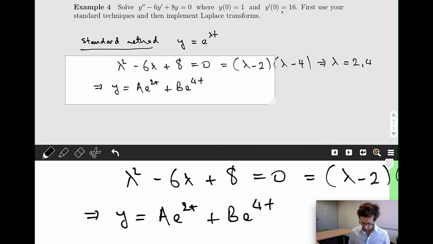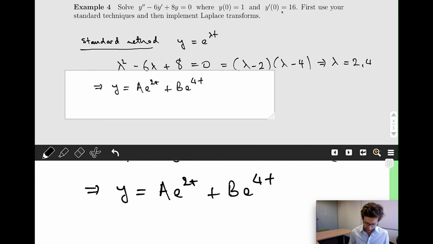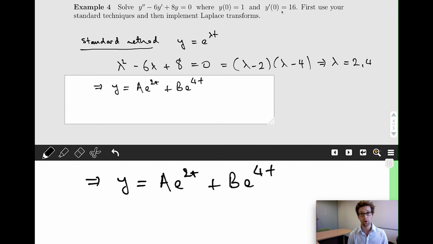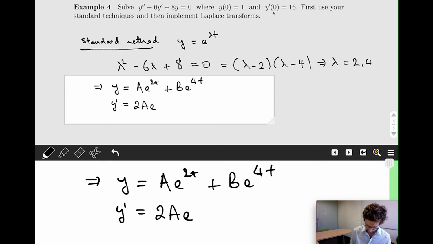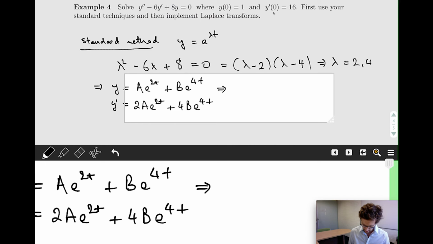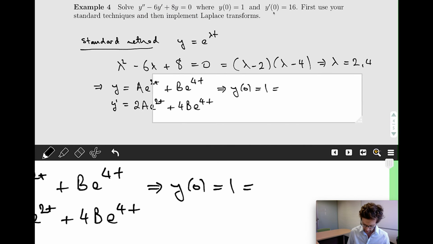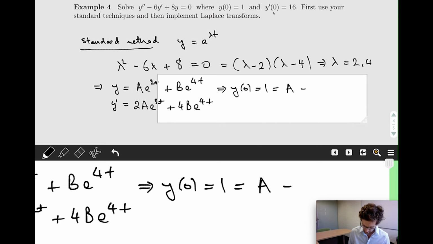So now I can find a and b by using my initial conditions, and you notice that the initial conditions are expressed in terms of y and its derivative, so I'm going to need the derivative of y as well. Let's substitute t is equal to 0 in both of these expressions. And we have that y at 0, which we're told is equal to 1, is given by a plus b.